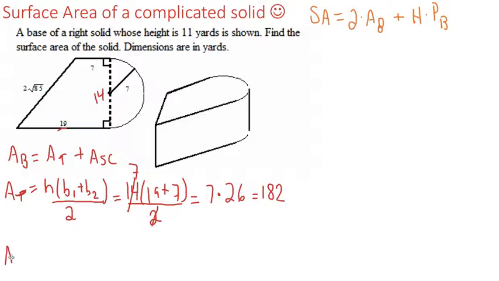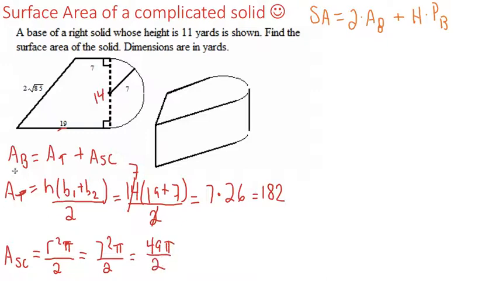Now I can go ahead and do the area of the semicircle, which we know is the radius squared times pi divided by 2. The radius is 7, so I have 7 squared pi over 2. And 7 squared is 49, so it's 49 pi over 2.